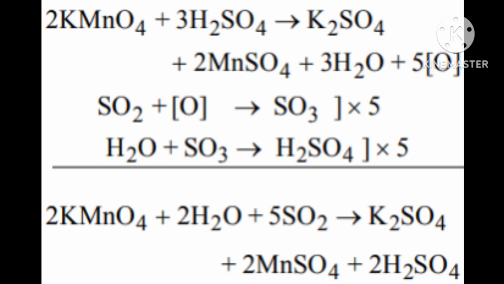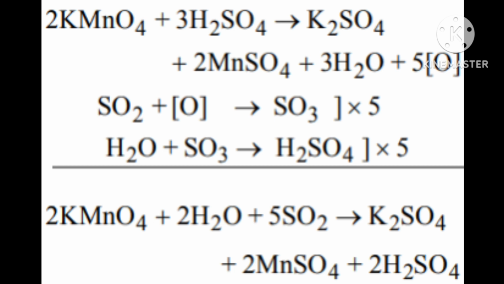Second, the reaction with ferrous: ferrous will convert to ferric. Ferrous is green in color and ferric is yellow, don't forget. This reaction also takes place in acidic medium: 5Fe2 plus plus MnO4 1 minus plus 8H plus.